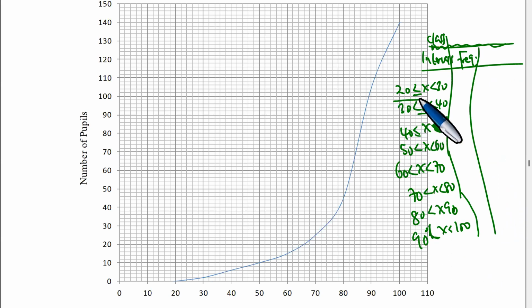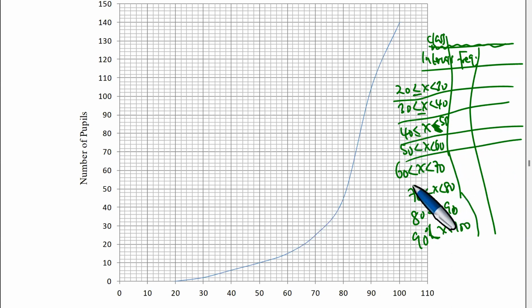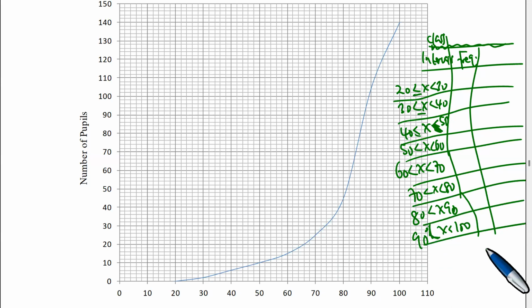And then you can put some horizontal divisions just to make sure the values do not get mixed up. The frequency. Okay, so between 20 and 30, what do we have? If you analyze very carefully, up to 30, we have 2 units.